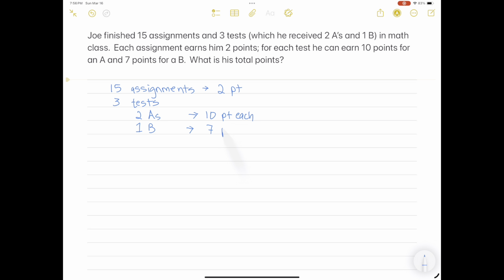So now we need to come up with an equation to figure out his total points. So that would be 15 assignments times 2 points each. So that would be 15 times 2, plus, for the two A's, he gets 10 points each, so that would be 2 times 10.